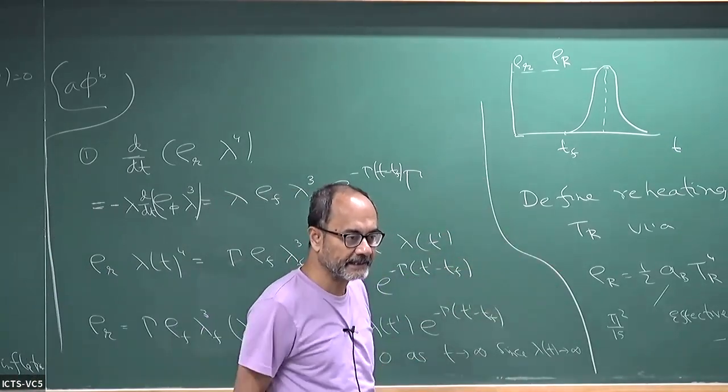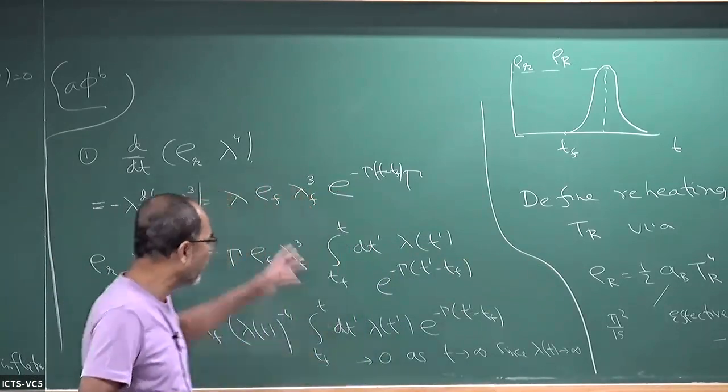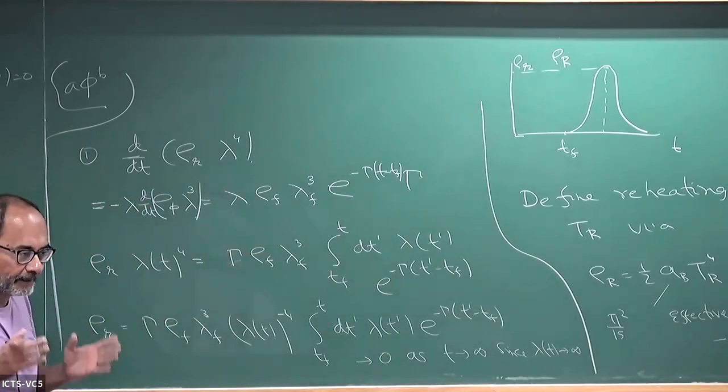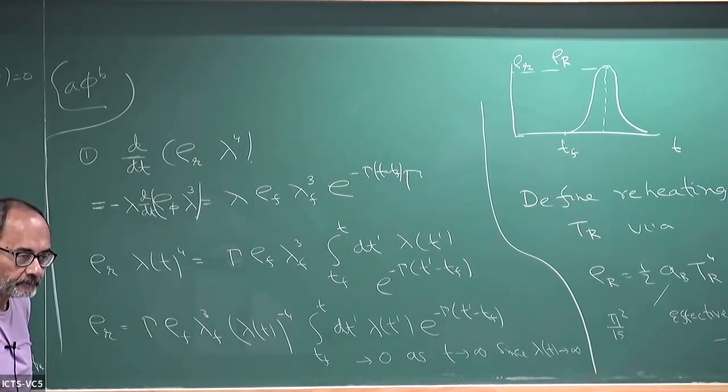Because by the time the energy density has gotten depleted... If it happens almost immediately, if gamma was very large, then the reheating temperature will be higher. That says something about the x coordinate of the peak determining the y coordinate of the peak. Right, because it starts earlier, then it should be higher.